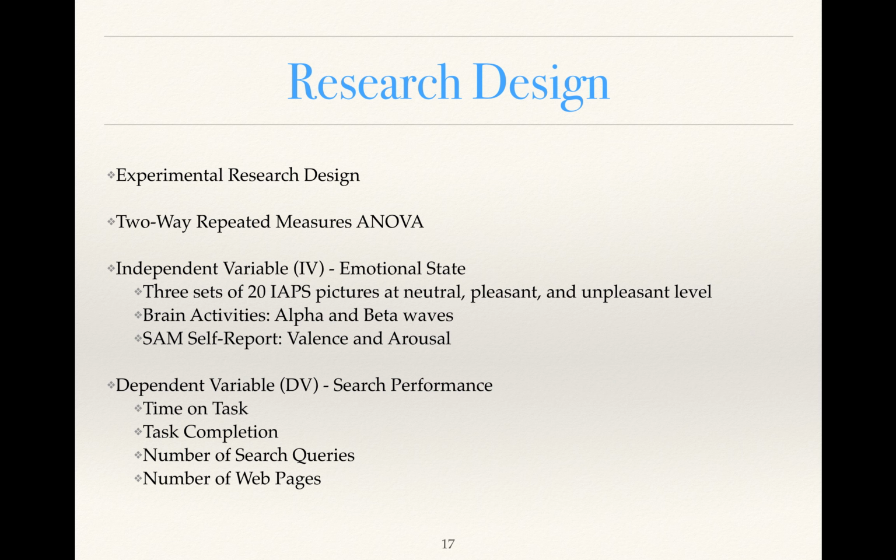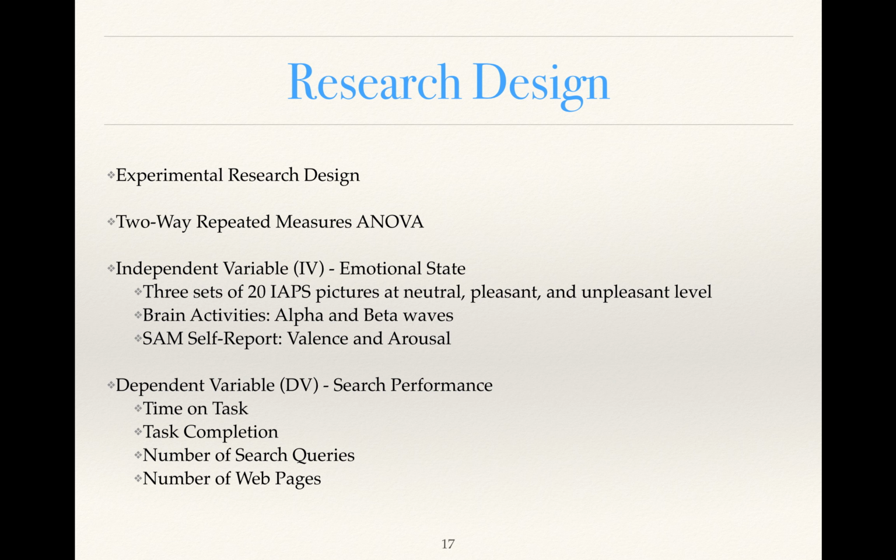Also, alpha and beta waves are collected through the Neuro headset that you just saw. I'm also using the SAM self-report, a pictorial self-report that is supposed to collect data on the valence versus arousal of the participants.